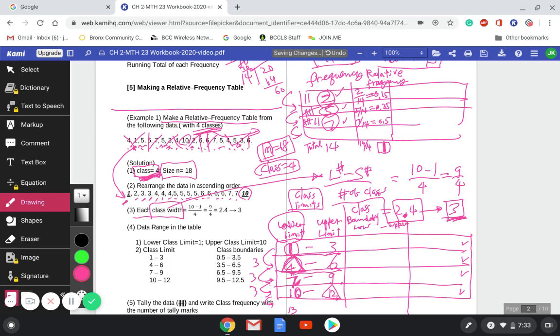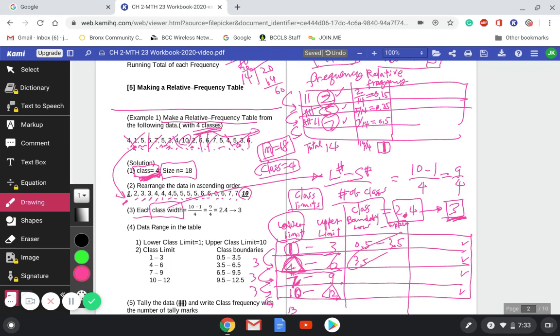So they are all plus minus 0.5. So minus 0.5 from 1 is 0.5, plus 0.5 from 3 is 3.5, minus 0.5 from 4, which is the beginning of the low limit of the second class, is 3.5.